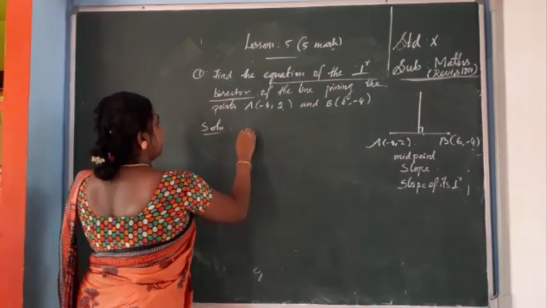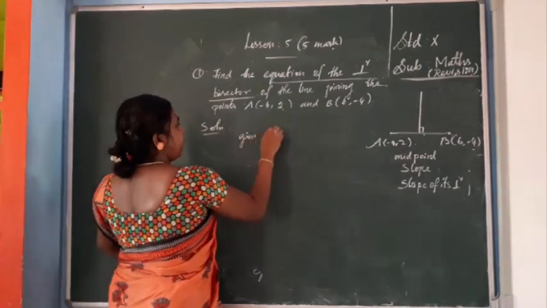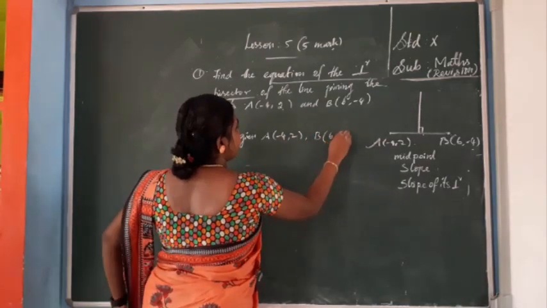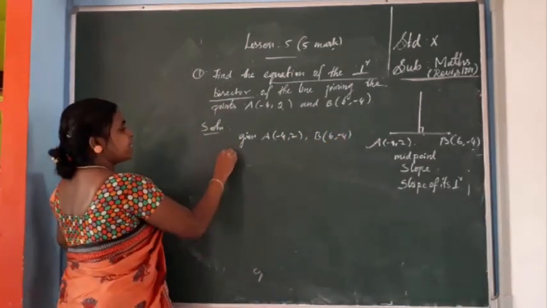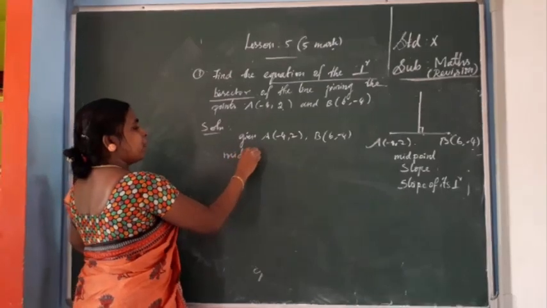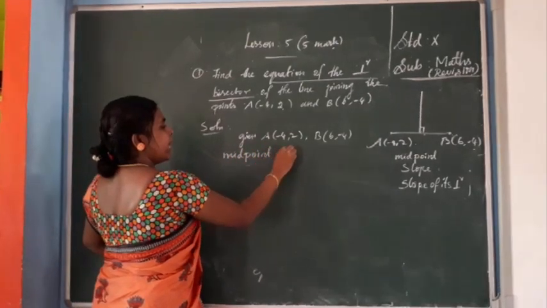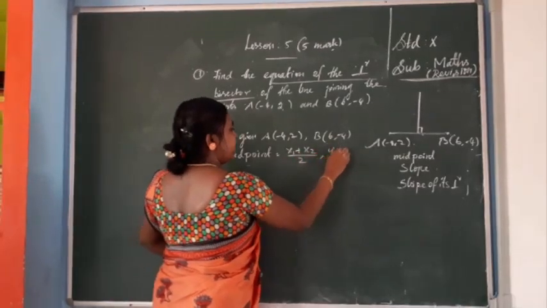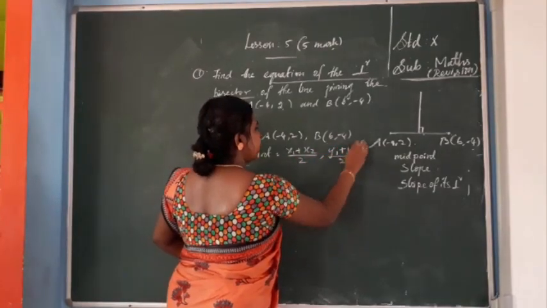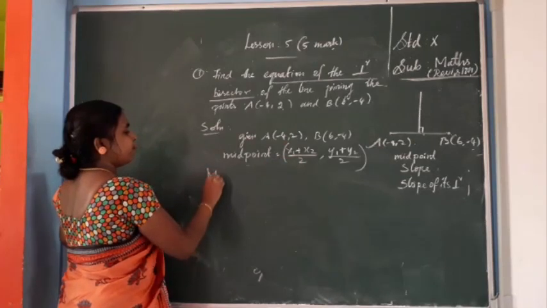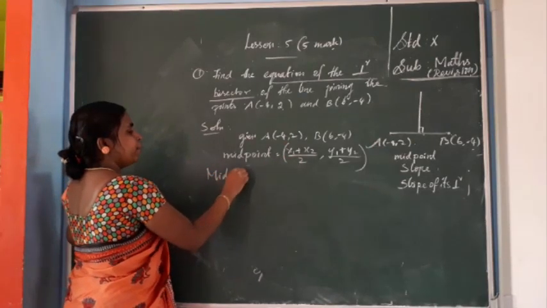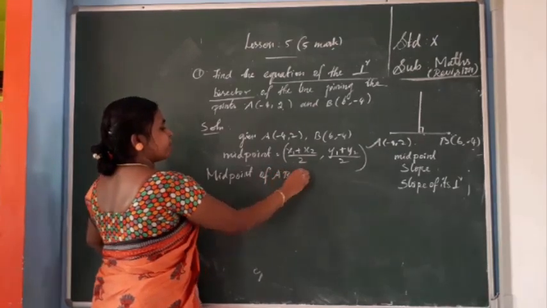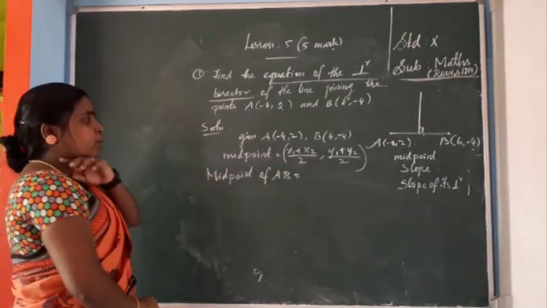Given A is (-4, 2), B is (6, -4). First find the midpoint. What's the formula for the midpoint? (x1 plus x2) by 2 comma (y1 plus y2) by 2. A is x1, y1 and B is x2, y2.